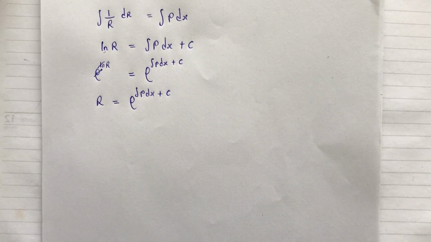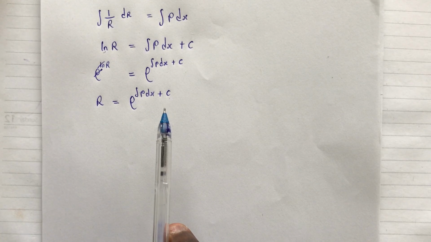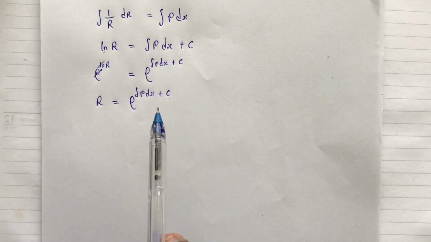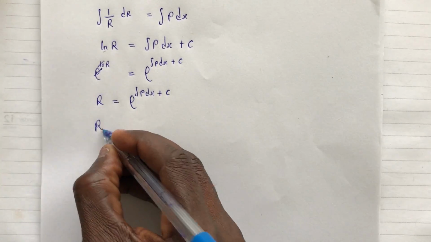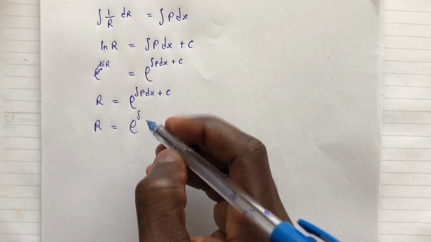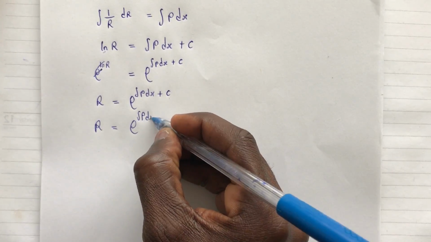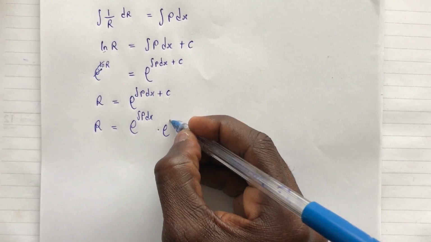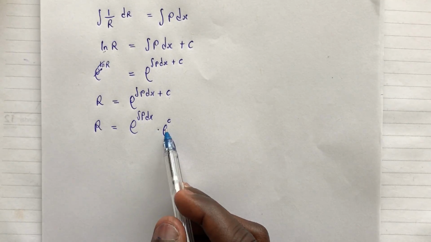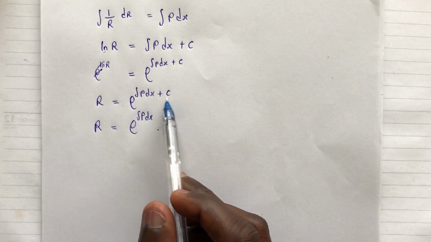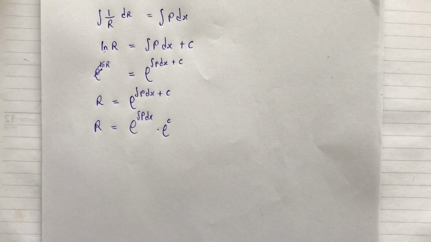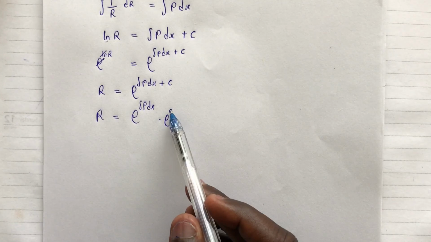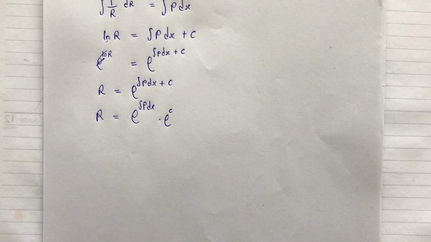Now from logarithm or indices, the right hand side, is it logarithm or indices? Let's move on. From that, we can rewrite the right hand side in the form r equals e exponent integral of p dx times e exponent c. When I multiply this, I can take one base and add the powers, and I'll get back that. So now let's assume that e raised to the power c is a constant. So let's use a variable, let's say a.